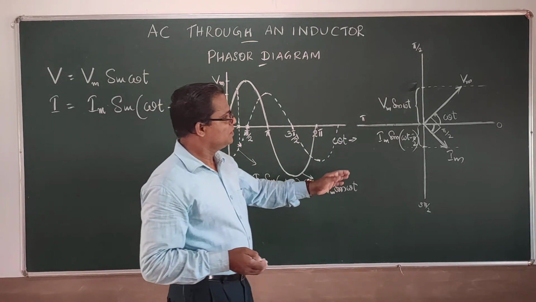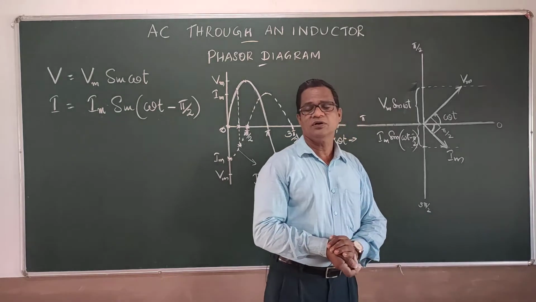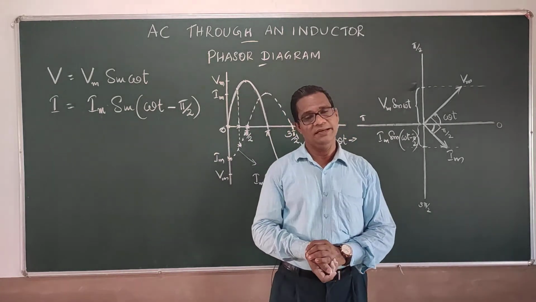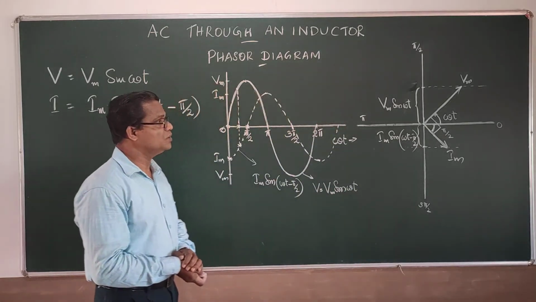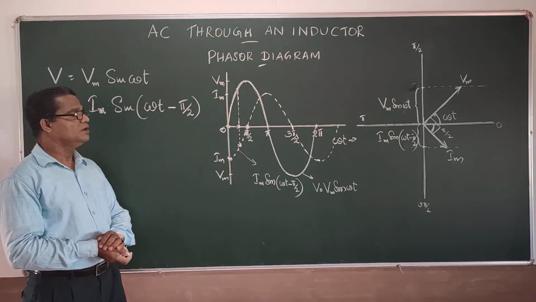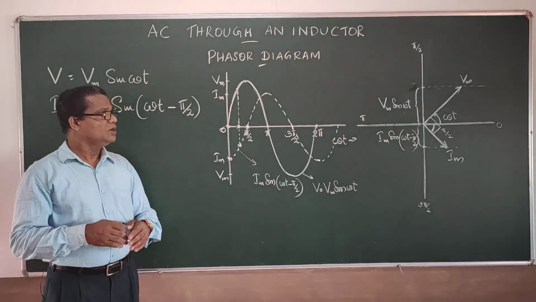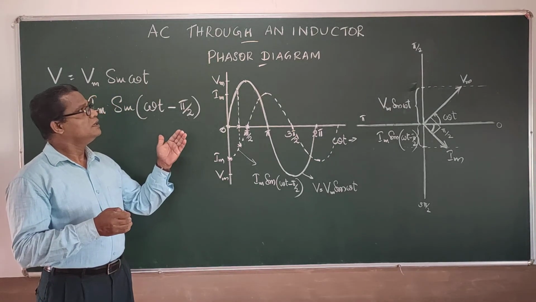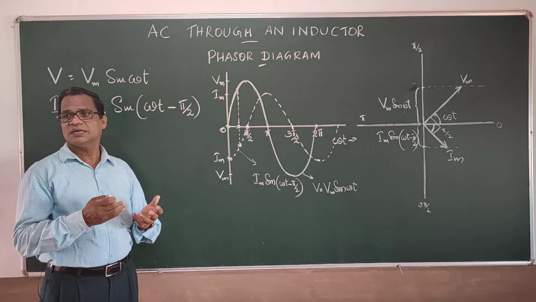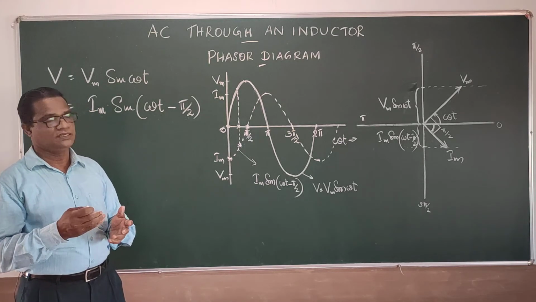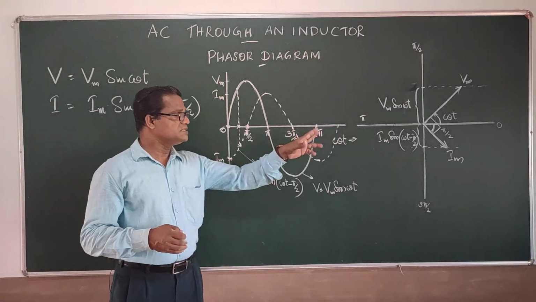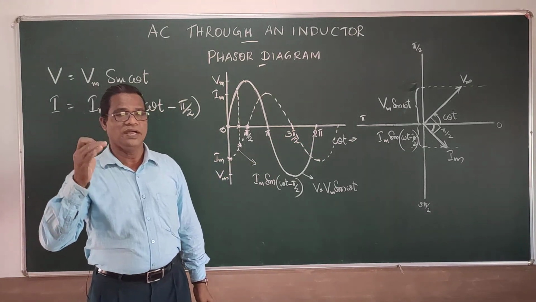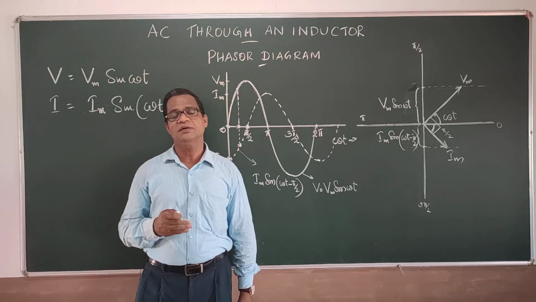So this is the phasor diagram for AC through an inductor. Very important when we analyze the combination of elements like capacitor and inductor together, like that. When it goes like that, this individual phasor diagram must be there in your mind. Then only you can apply the conditions.